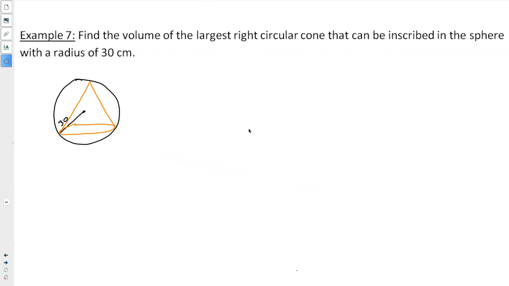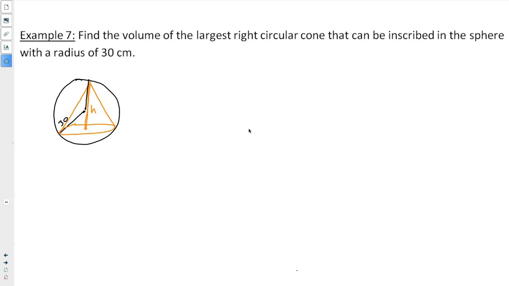And the height of the cone, so from the very base to the top, is going to be my h. Now, remember the radius. So the point from the center of the sphere to any point in the circle is 30 centimeters, right?